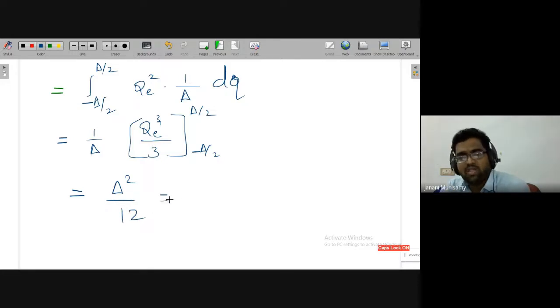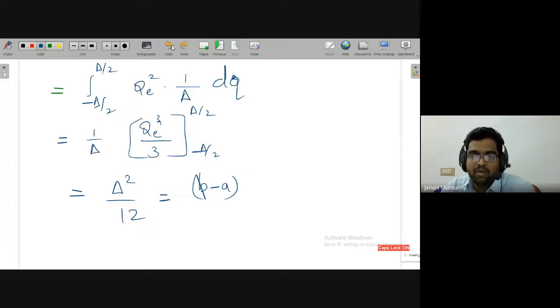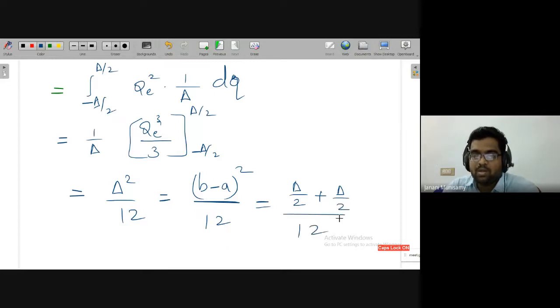Again, with the help of a simple formula we can write. We know for uniform distribution the formula is (B minus A) whole square divided by 12. In our case, what is B? Del by 2. What is A? Minus del by 2. So this is (plus del by 2 minus of minus del by 2) whole square divided by 12. So that is del square by 12. So this is the quantization noise power.